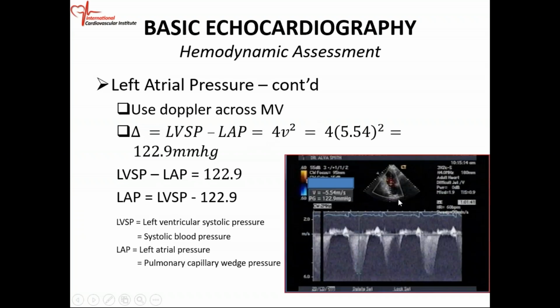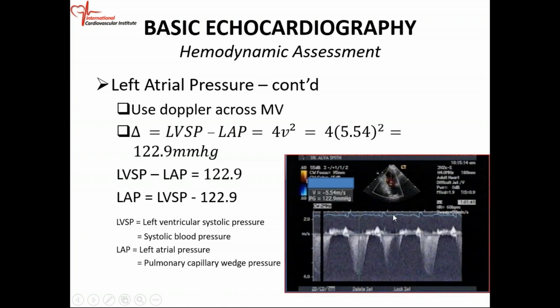Okay, so again, if you're going to use that, say your TR velocity, these patients have tricuspid regurgitation. This is a two-chamber view with your cursor across the mitral valve, and you get this MR velocity envelope. Again, your ECG is on top. Systole is from the onset of the QRS to the end of the T wave.